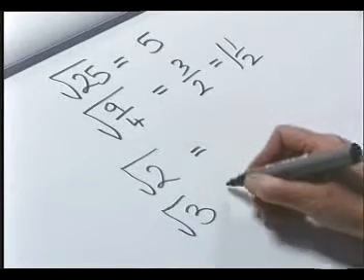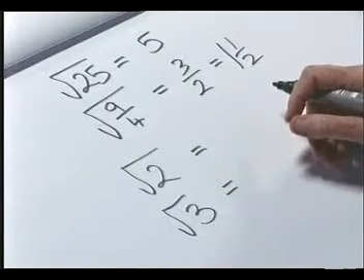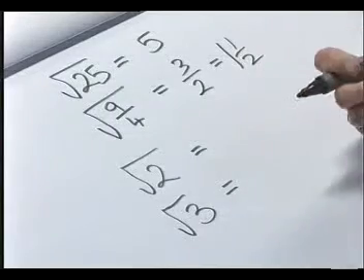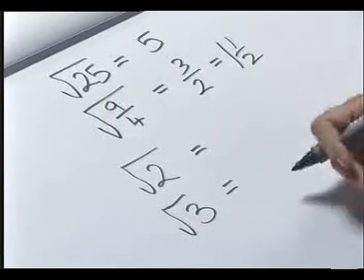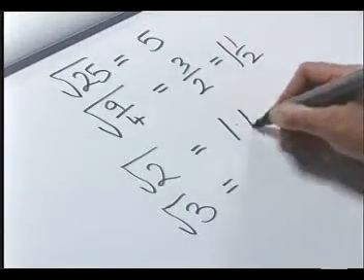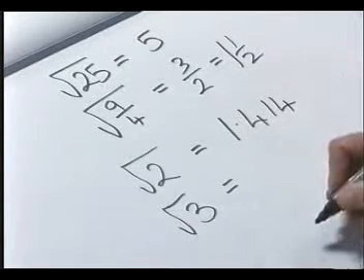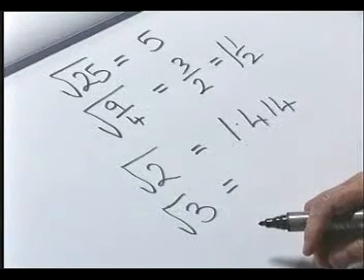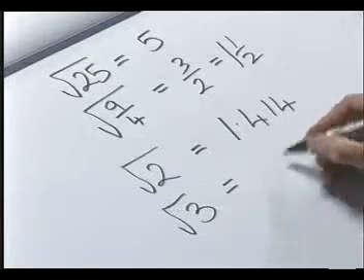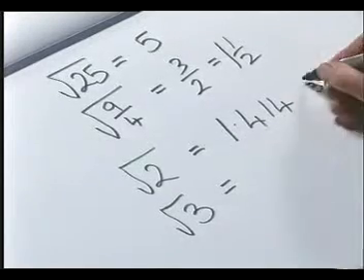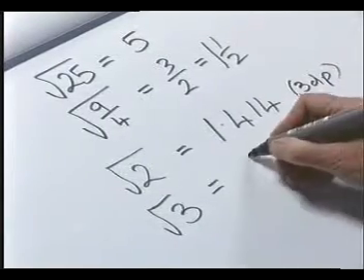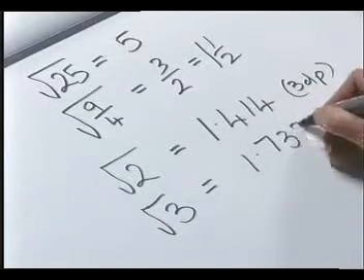We can only write them as approximations. They are irrational numbers. An approximation for the square root of 2 to 3 decimal places is 1.414. Approximation for root 3 to 3 decimal places, and I'll put 3 decimal places just to remind us, is 1.732.